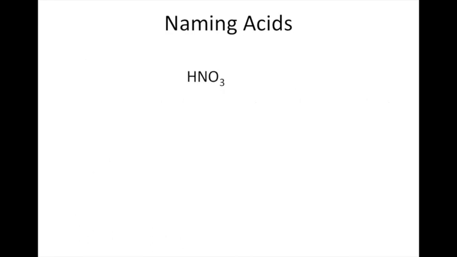Let's look at an example of this. HNO3. First thing we have to do is recognize that this is an acid. It starts with the hydrogen ion, and it's paired with some anion. This is also an oxoacid because we have a polyatomic anion. So what's the name of our polyatomic anion here?